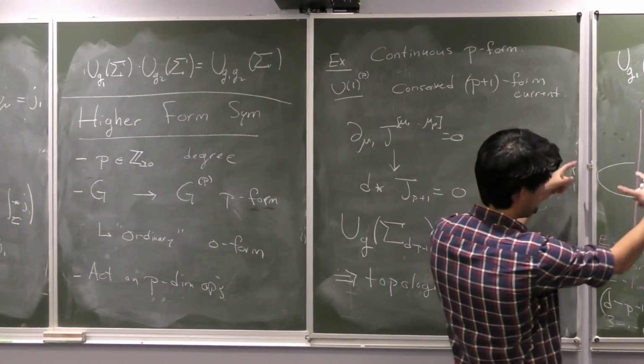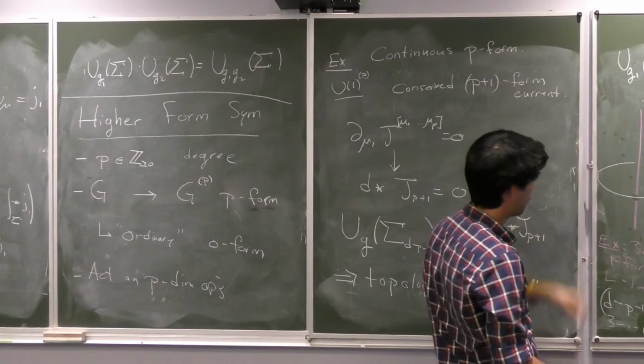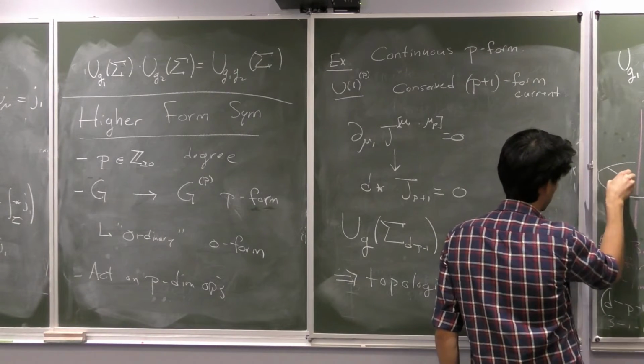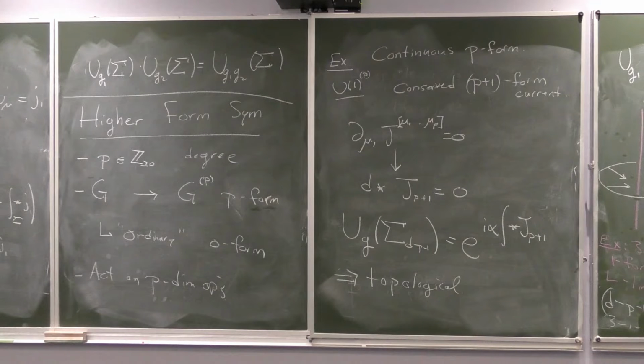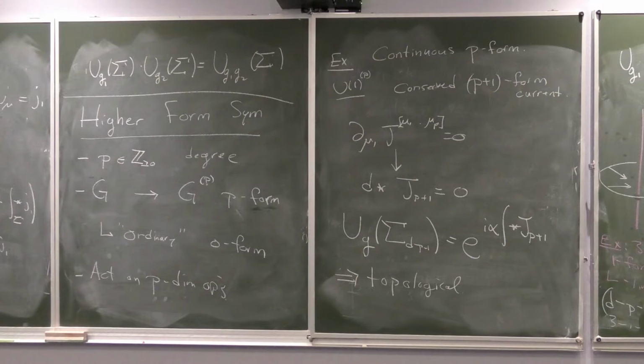Similarly here, you can't shrink the loop without crossing L. That's exactly the picture we want. Imagine trying to shrink it this way, and at some point your symmetry defect operator will literally intersect your charged operator L. After you pull it off, you'll find that this looks like the group action acting on L. And again, because this is topological, you can shrink it to a point where it's trivial.